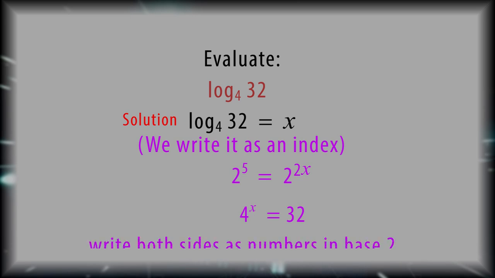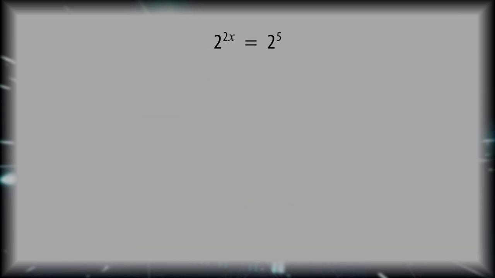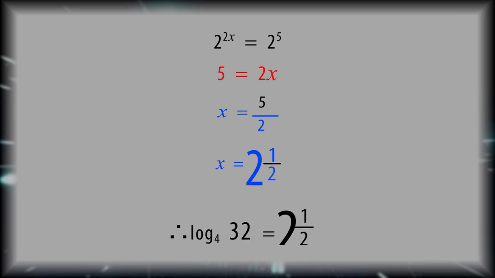Now, since both sides have the same base and are equal, we can easily equate the exponents. So we have 2x equal to 5. That gives us x equal to 5 over 2, or 2.5. And so we are saying log base 4 of 32 is equal to 2.5.